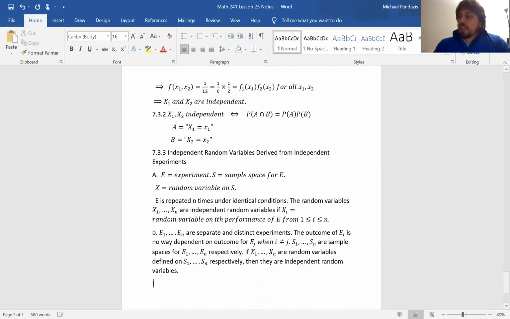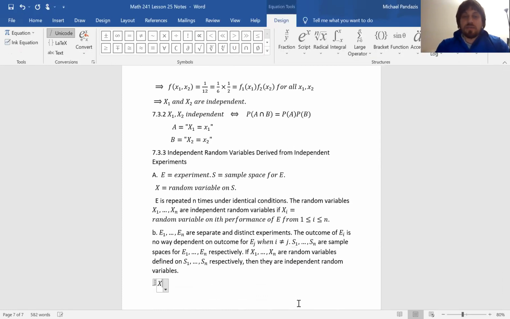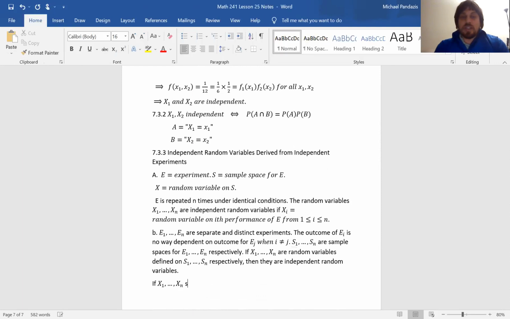In the very last sentence, if X1 to Xn satisfy A or B, then they are independent, independent by definition 7.8.